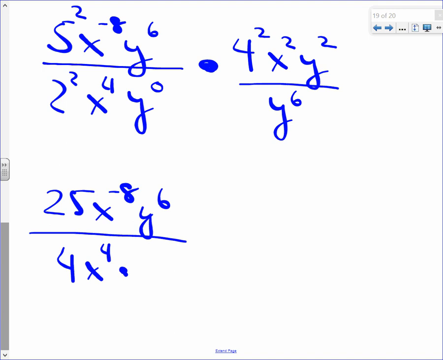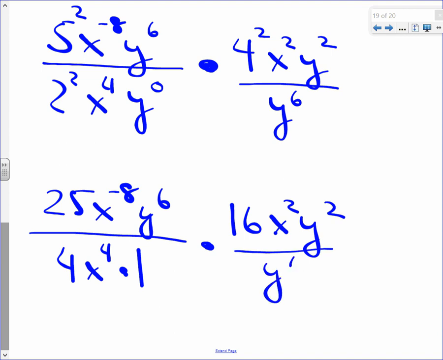So I'm going to put times 1. I'm going to use the 0 power property, the first one, right now. It always becomes 1. Times, nice, 4 to the second power is 16. I got x squared, y squared, all over y to the 6th.